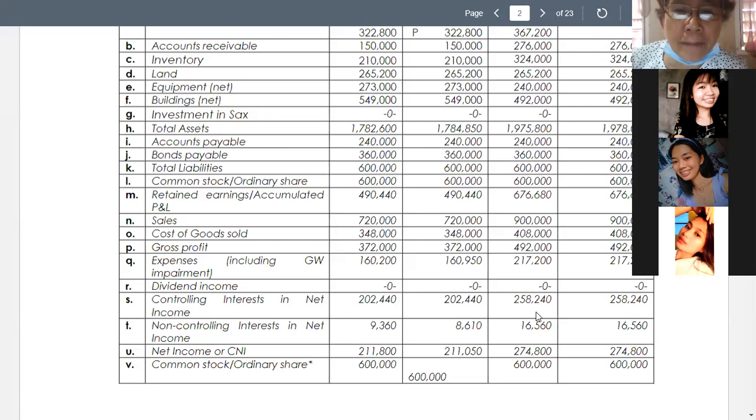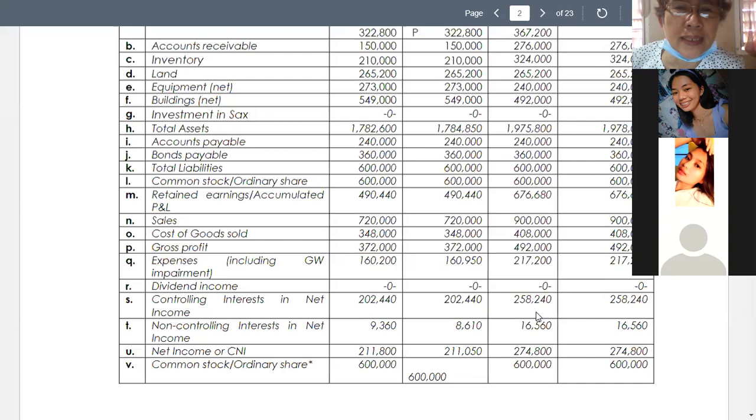Then we deduct 9,360. The difference is the controlling interest in net income of 202,440. Okay? So we fill that up.